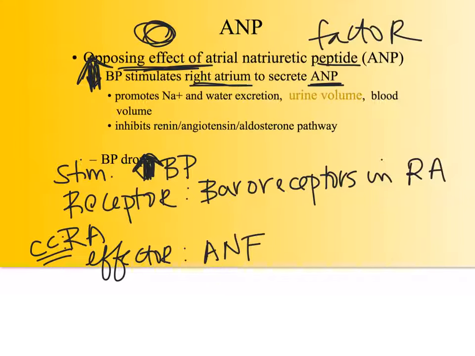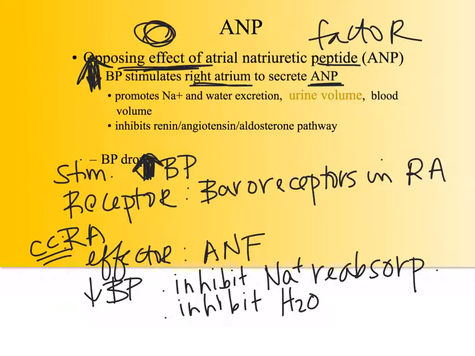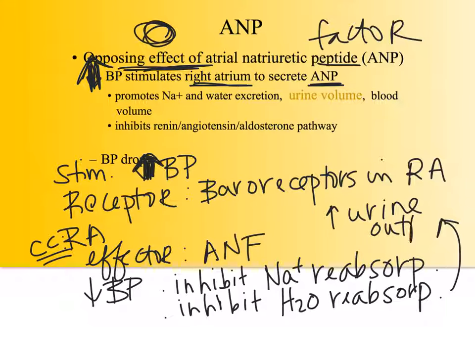And then what's going to happen? The goal was to get the blood pressure to go down, right? So we're going to inhibit sodium reabsorption. That means it will inhibit water reabsorption, so you're going to increase urine output.